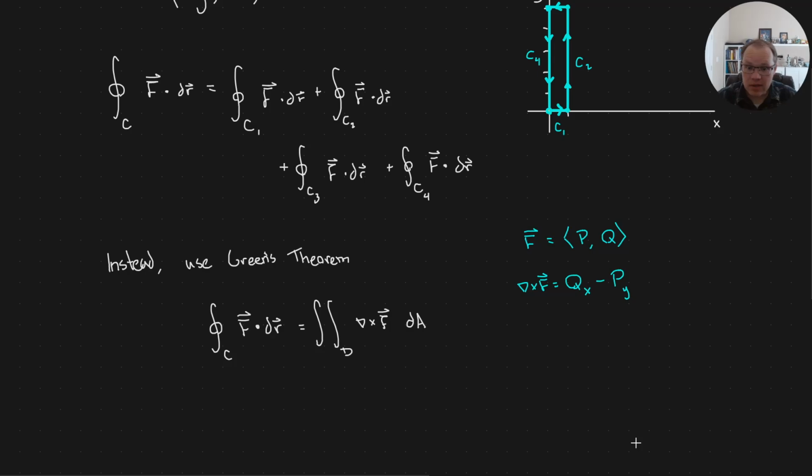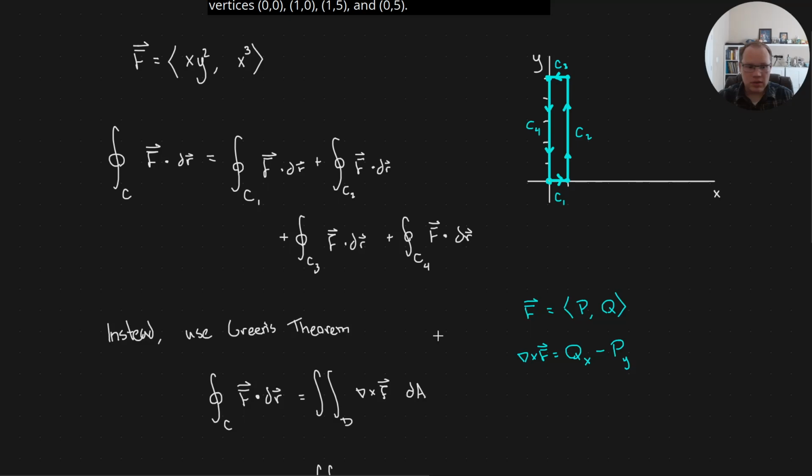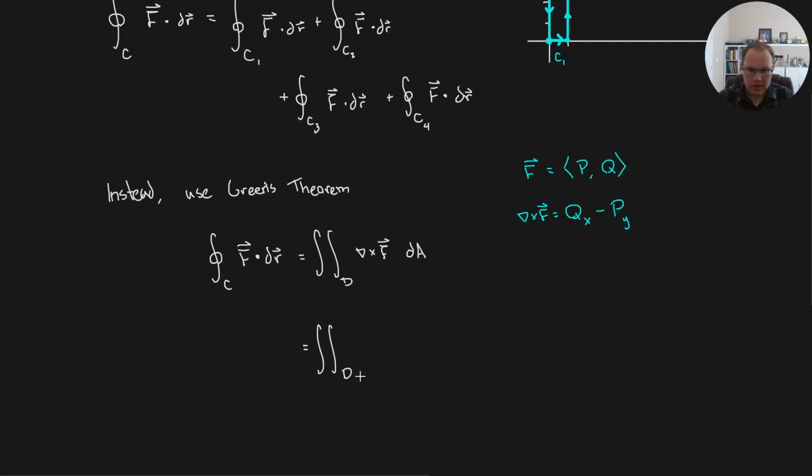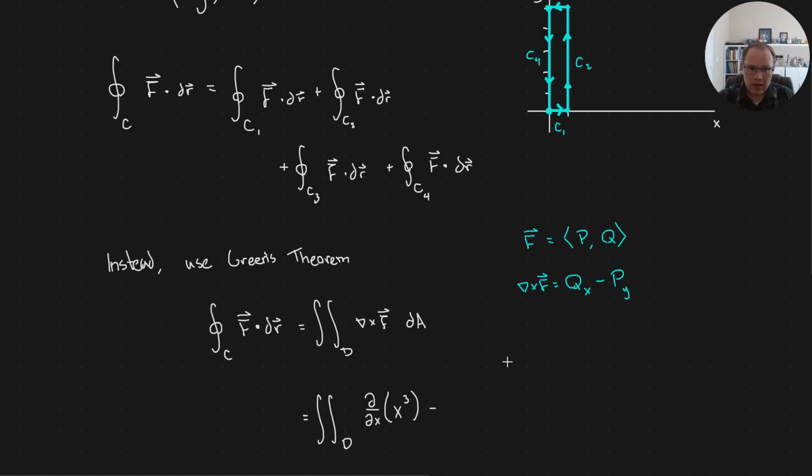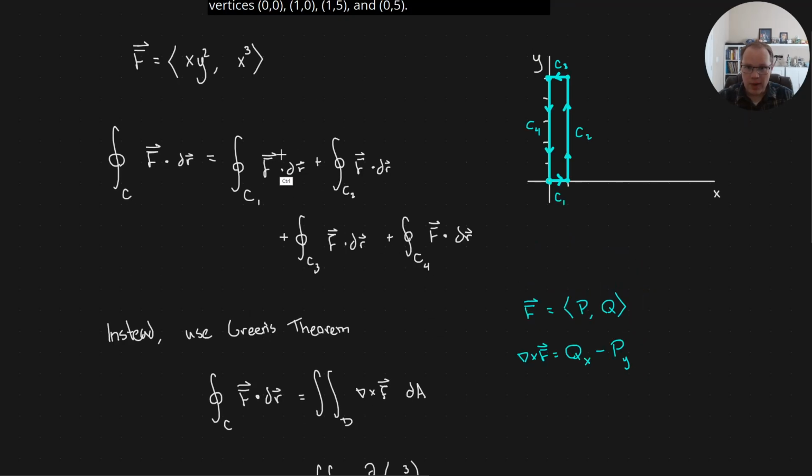So in this particular case, what that means is if I look at the second component of the vector field f, we're going to take the derivative of that with respect to x. And then subtract the derivative of the first component of the vector field with respect to variable y.